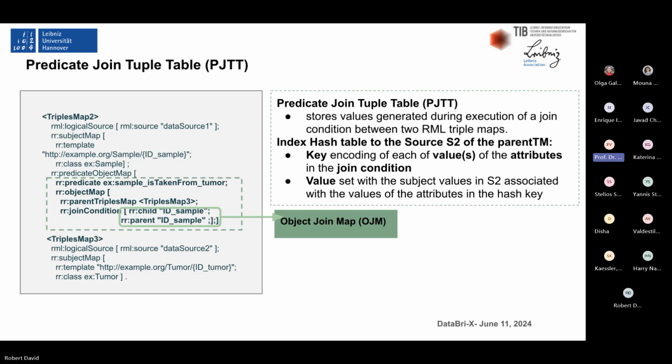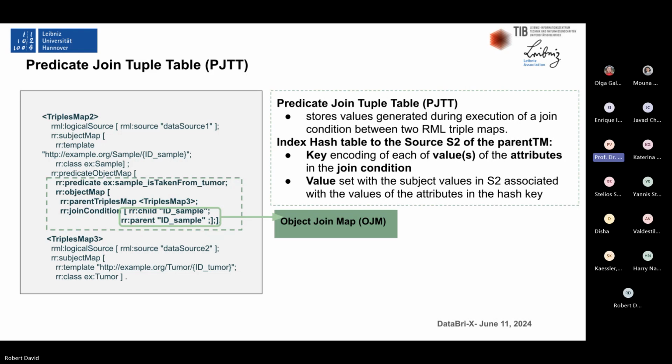And then what happens when we have a join? What we are representing is what is called an index hash table, where in a join there is always the outer table and the inner table. In this case they are not necessarily tables, because remember that we are talking about a data mapping language that receives many different types of data sources, but what is important here is the abstraction that we have the outer argument and the inner argument.